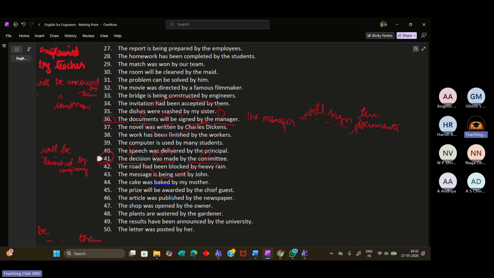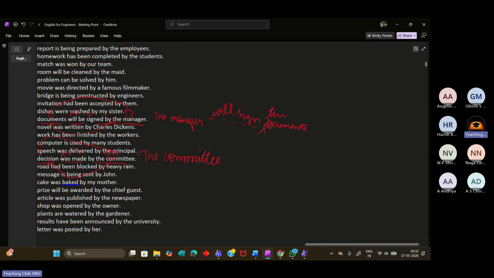So we just change it. The committee, dash dash dash, the decision. Now we fill out the middle and we are done. Okay. So was made.